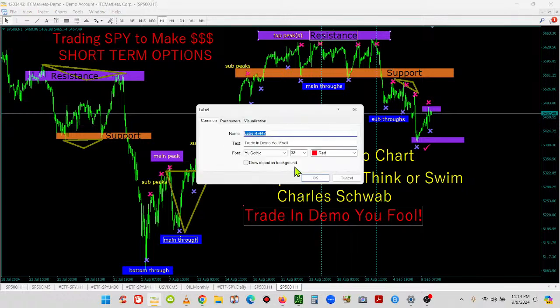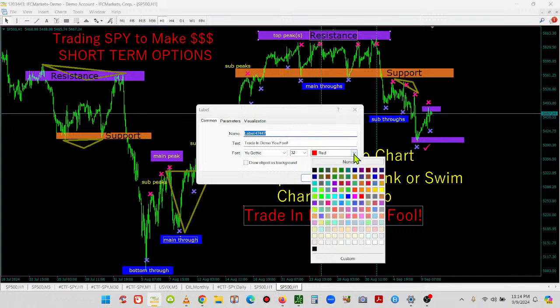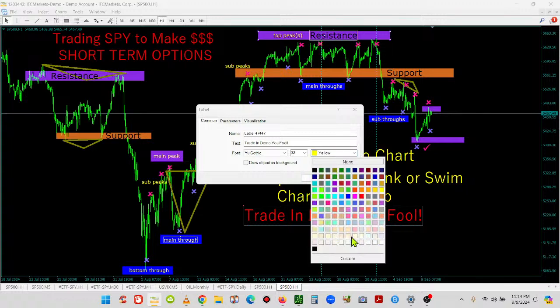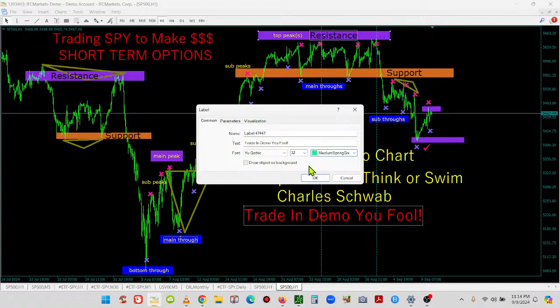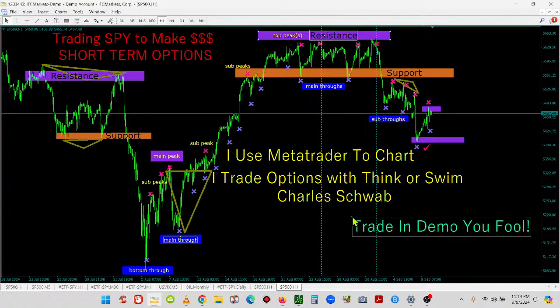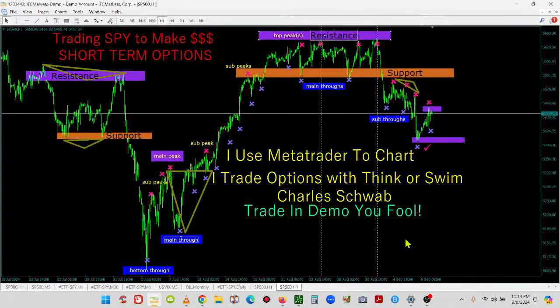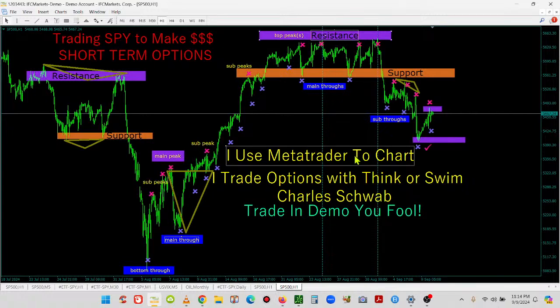Okay, that's too harsh on the eyes, and then I can't see my chart properly. So, we're going to go back to a more pleasing color. Because what happens if it's not pleasing? It won't look pretty. There we go. Much better.